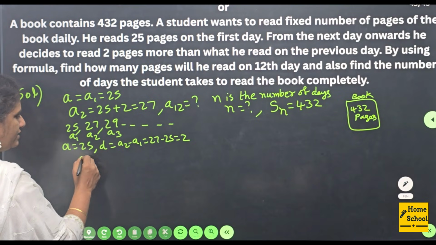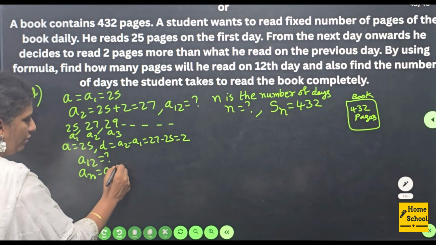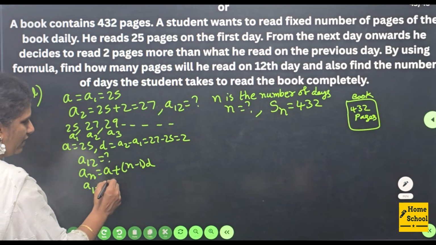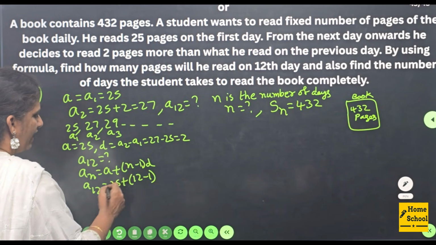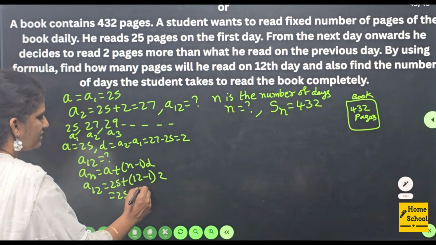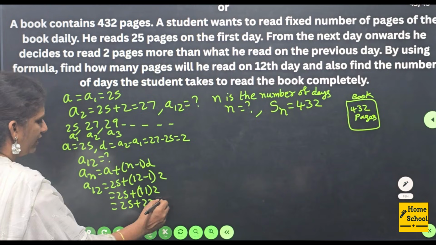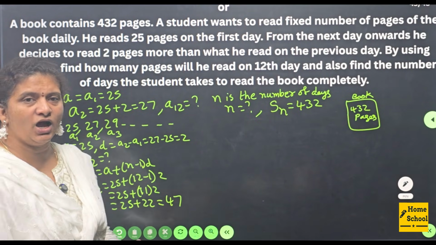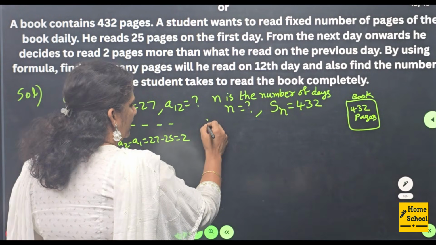And if we want the 12th day, a12, we know the formula an is equal to a plus (n minus 1) into d. a12 is equal to, a value is 25, 12 minus 1, n value here is 12, d value is 2. 25 plus 11 into 2. 25 plus 11 2s are 22. 25 plus 22 will be 47. Therefore, on the 12th day, how many pages does he read? 47 pages. That you need to write clearly.